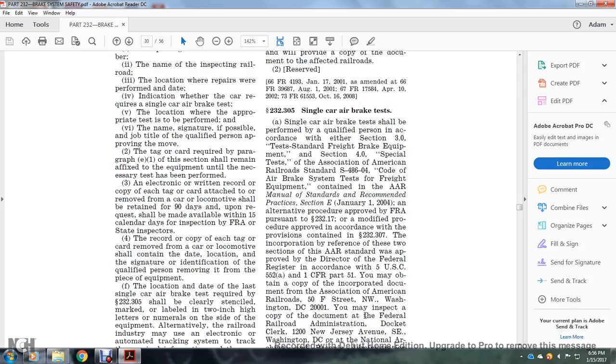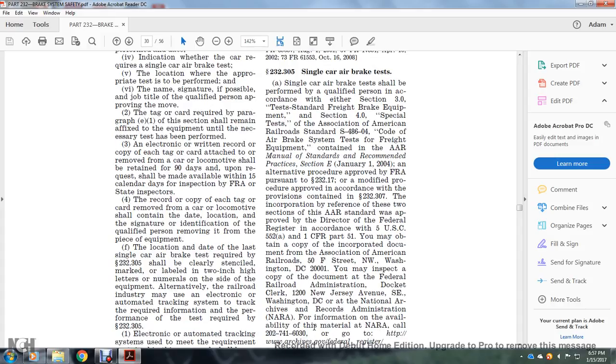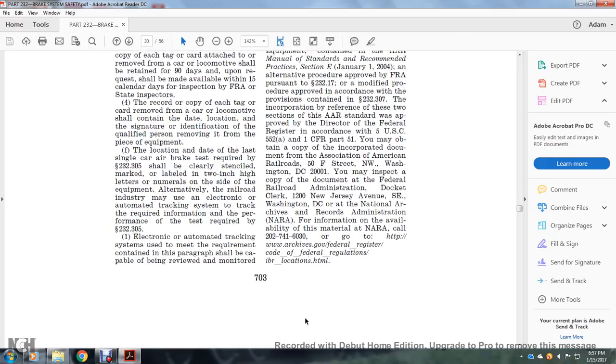You may inspect a copy of the document at the Federal Railroad Administration docket clerk at 1200 New Jersey Avenue, Southeast, Washington, D.C., or at the National Archives and Records Administration. For information on the availability of the material, call NARA at 202-741-6030, or go to archives.gov, Federal Register, Code of Federal Regulations, IBR locations HTML.